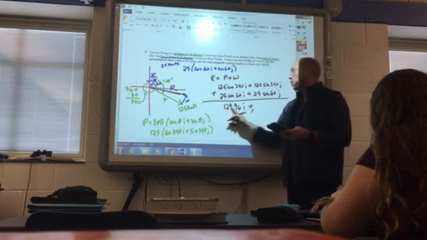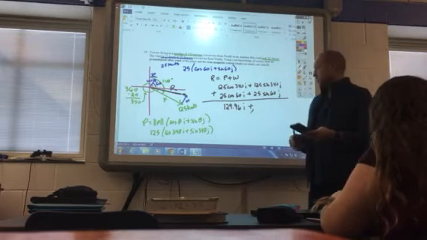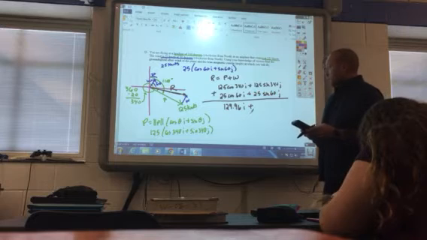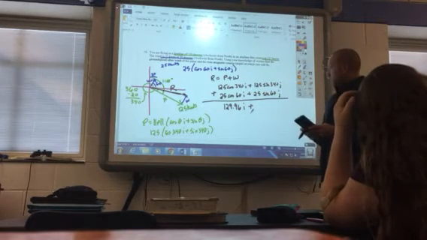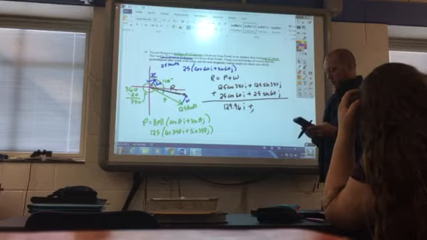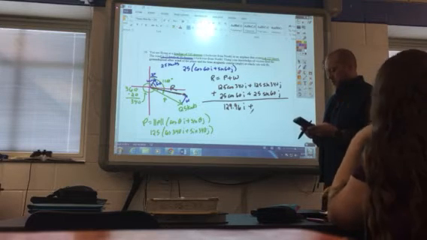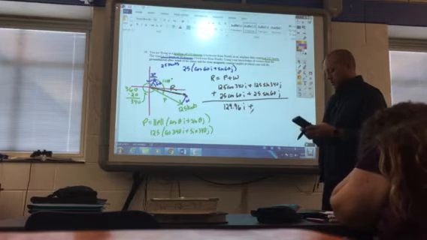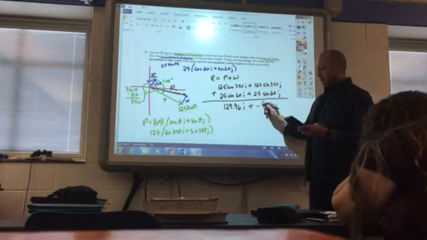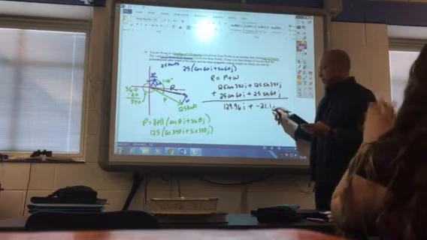So that's just my horizontal movement. Do the same thing for our change in y's, our sine values. We're getting a negative 21.1.